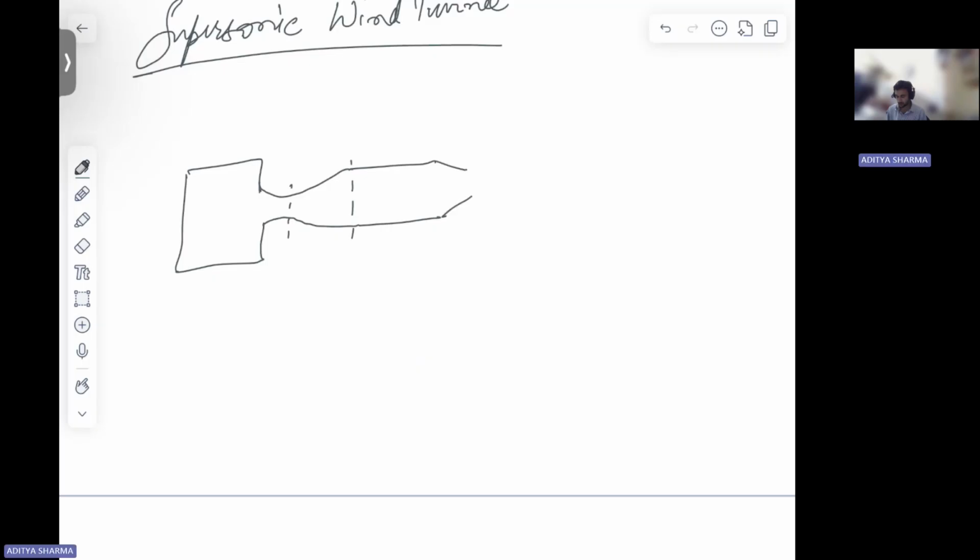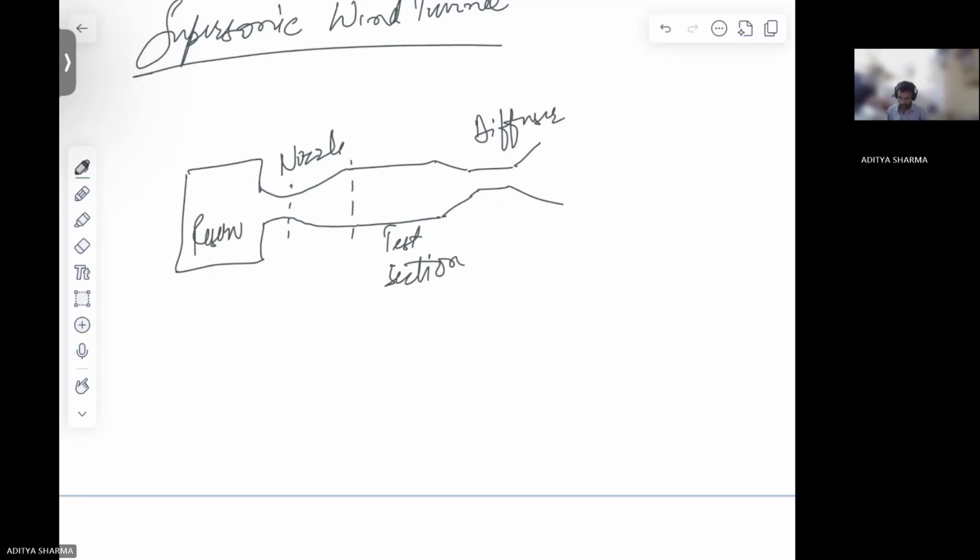Now from here, you are going to have a diffuser. Diffuser, nozzle, test section, reservoir. So this is there.